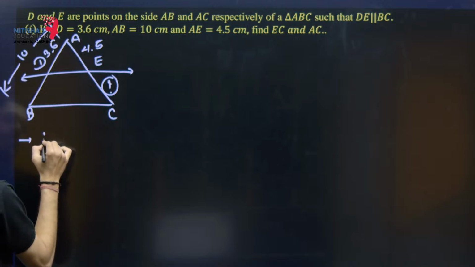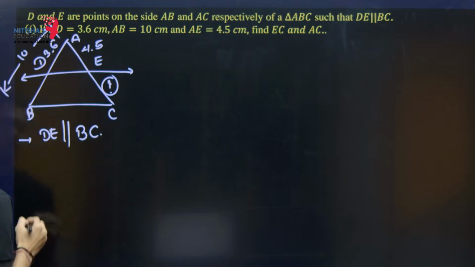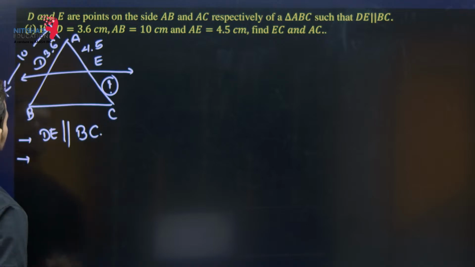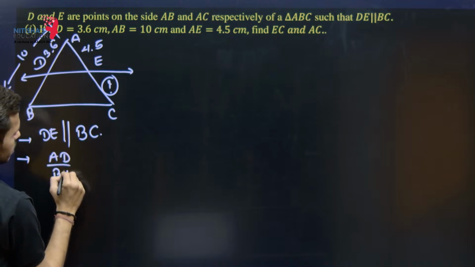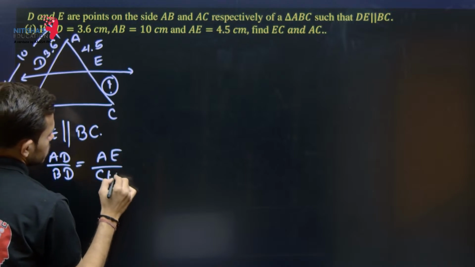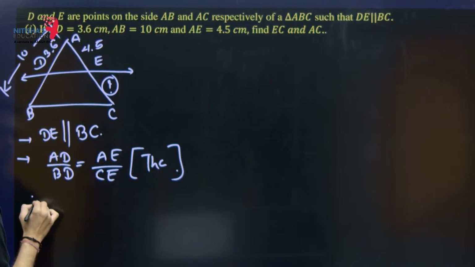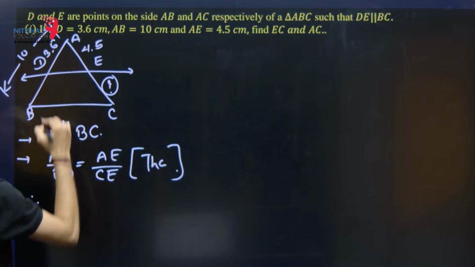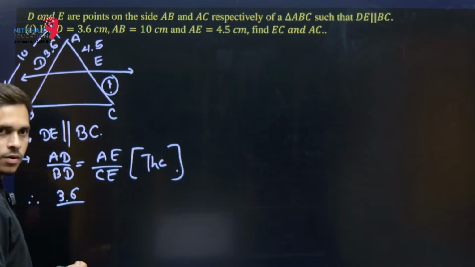Here DE is parallel to BC, right? So according to the Thales theorem, we can say that AD upon BD is equal to AE upon CE. Now what is AD? AD is 3.6. What is BD? We don't have the value of BD.